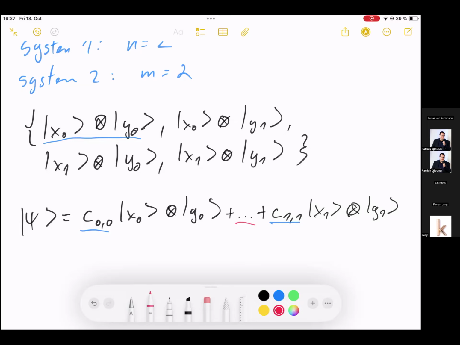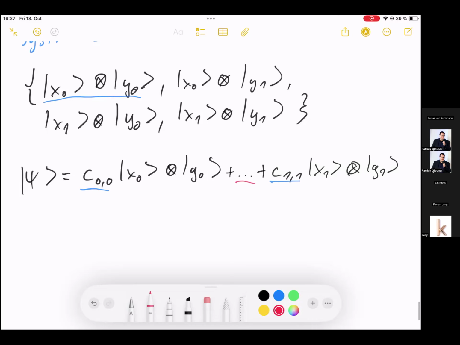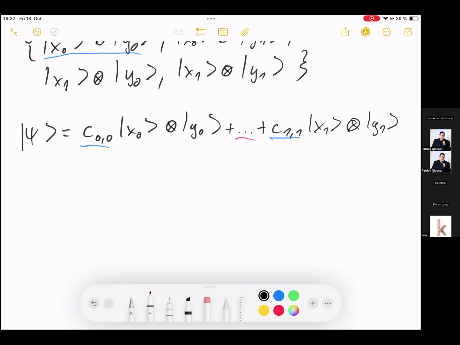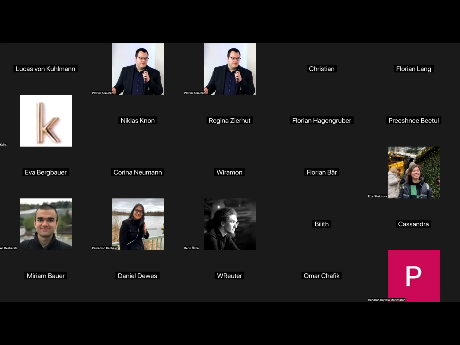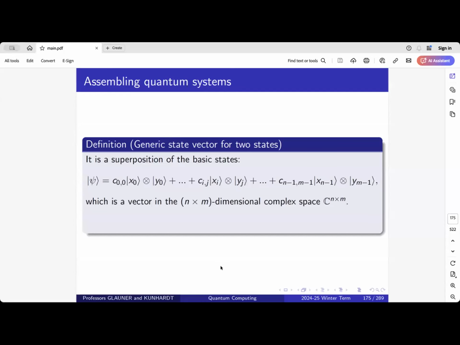And in the slides, you can find an even more generic one. We see this psi cat. It's C00, the amplitude, times this basic state in the composite system, which is x0 and y0, the tensor product of these two, plus dot, dot, dot, up to Cn minus 1, m minus 1.